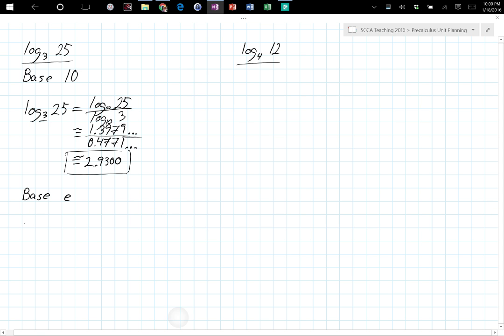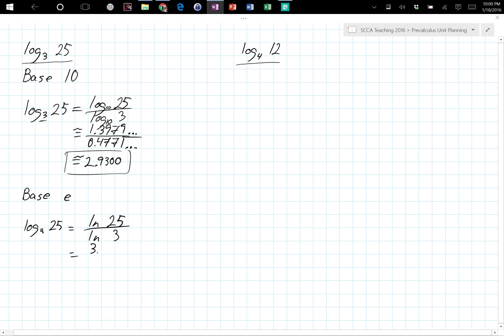Now let's look at the log base 3 of 25 using the natural logarithm. So I'm going to take ln of 25 divided by ln of 3, and then I'm just going to evaluate it. Same deal.